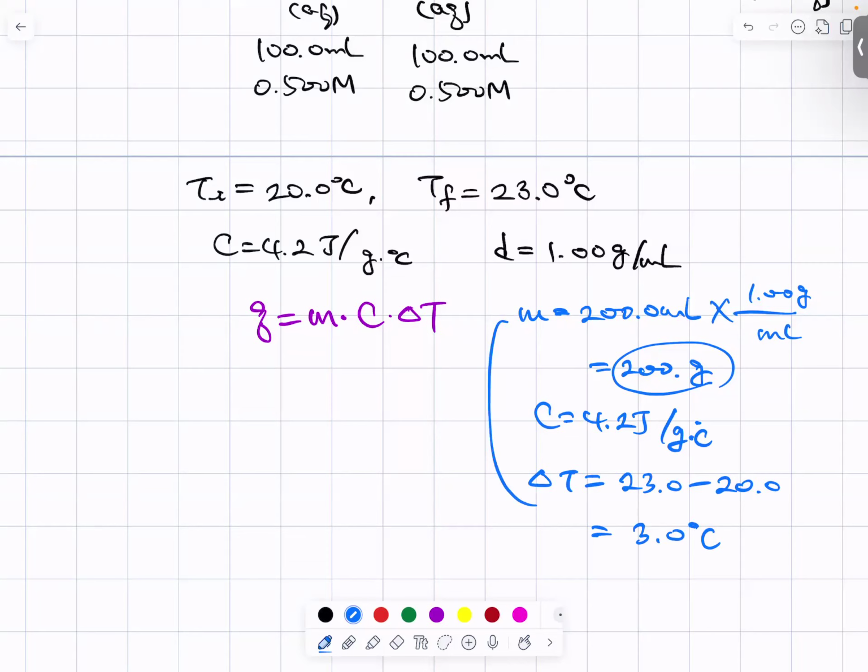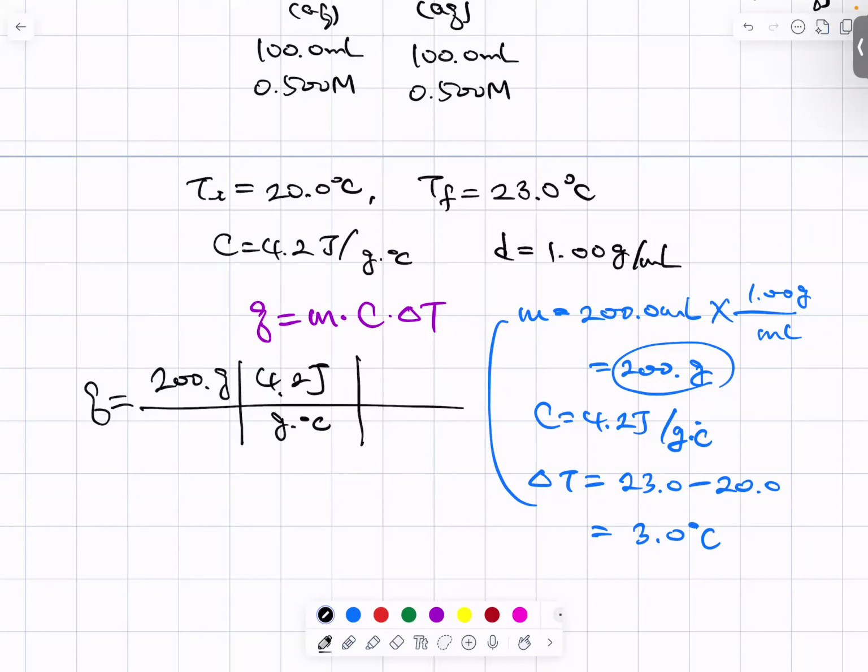So Q, the amount of heat in joules, is equal to 200 grams multiplied by 4.2 joules per gram Celsius. So when you have 1 gram of the solution, to increase the temperature by 1 degree C, we need to apply 4.2 joules of heat, and the temperature difference is 3.0 degrees C. Okay, so we'll see everything will cancel out.